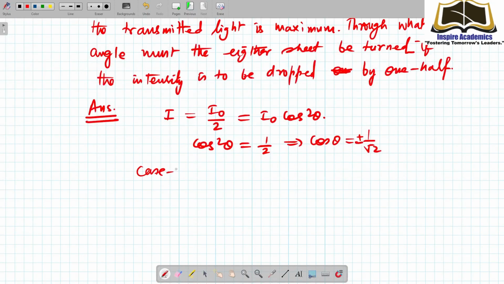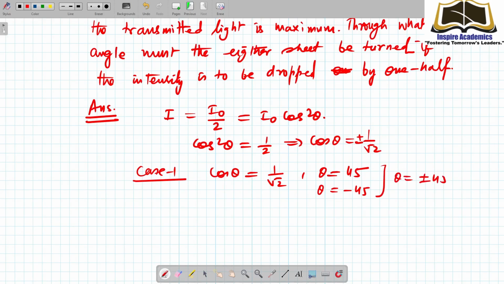Case 1, when cos theta is 1 upon root 2, which is positive, then theta is 45. Also theta can be negative 45, because in the negative zone also cosine is positive. So here theta can be plus minus 45 degree.